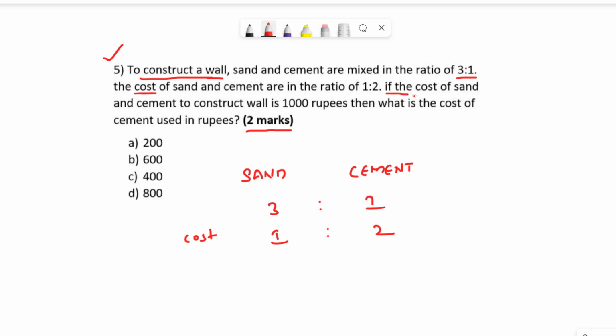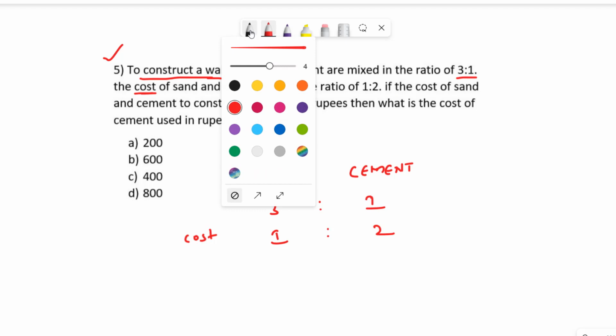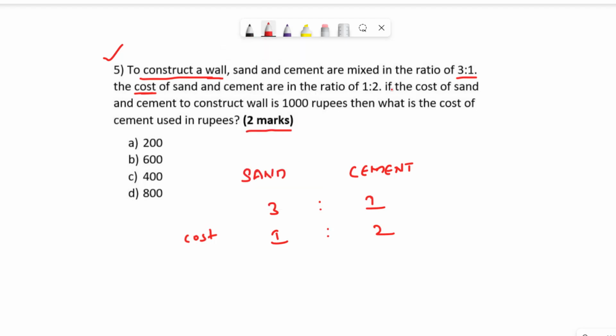Now what is given in the question? If the cost of sand and cement to construct the wall is 1000 rupees, then what is the cost of cement used in rupees?